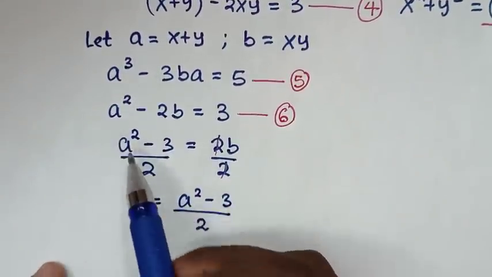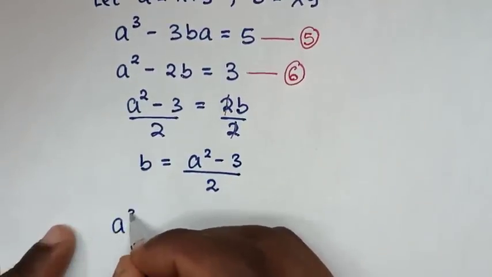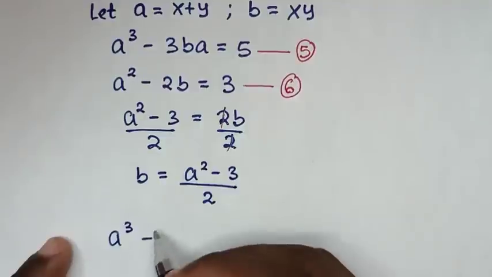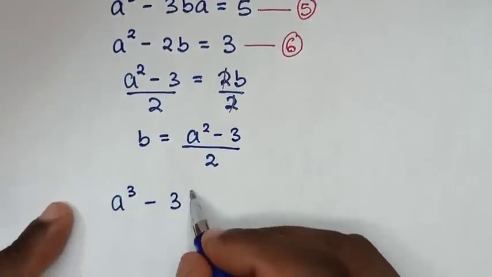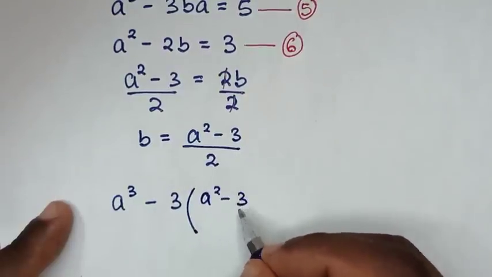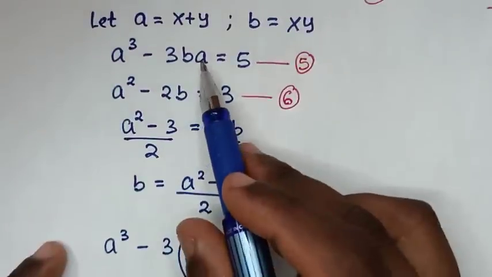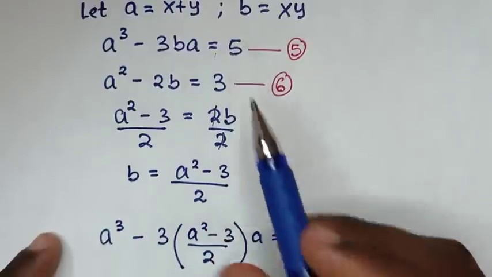From equation 5, it will be a^3 minus 3b, where b is (a^2 - 3)/2, then times a, is equal to 5.